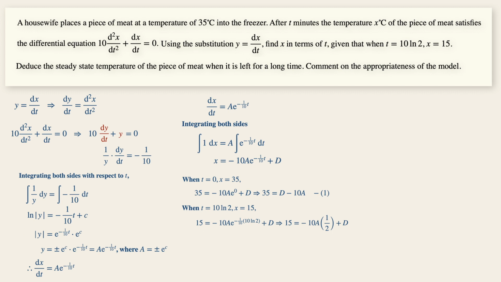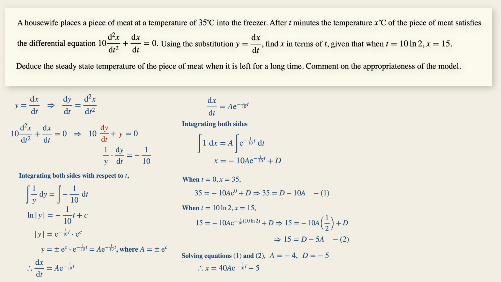By simplifying further, 15 is equal to d minus 5a. Let's name this as equation number 2. By solving equations 1 and 2 simultaneously, a is equal to minus 4, while d is equal to minus 5. Therefore, x is simply equal to 40 e to the power of minus 1/10 t minus 5.